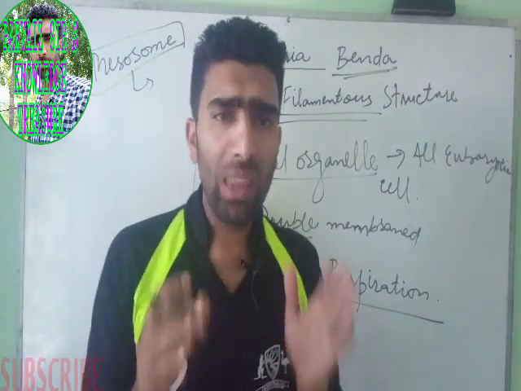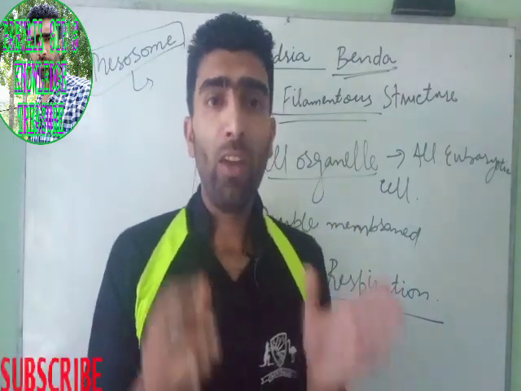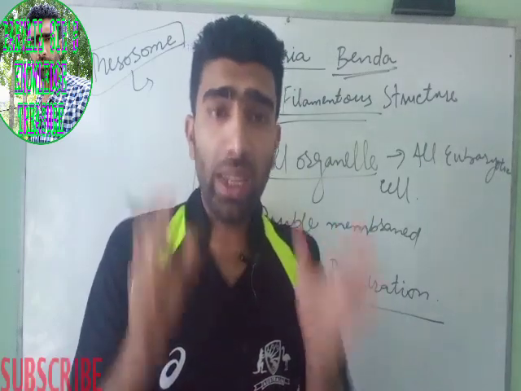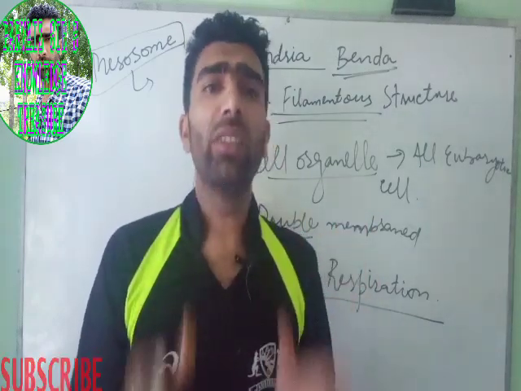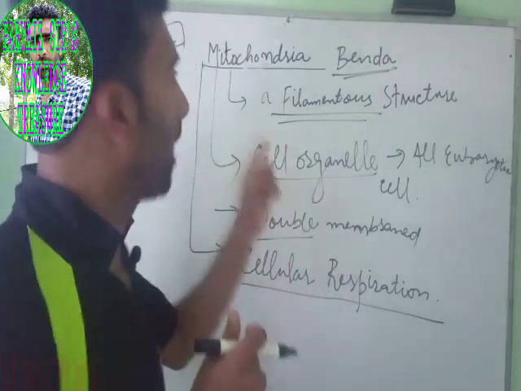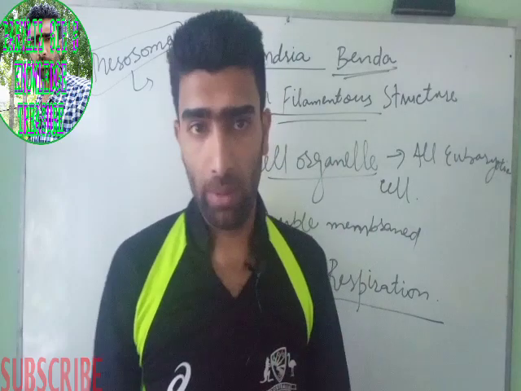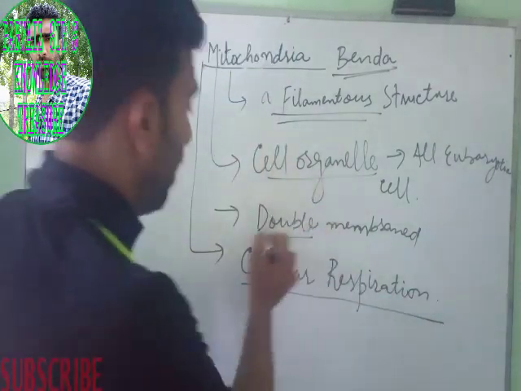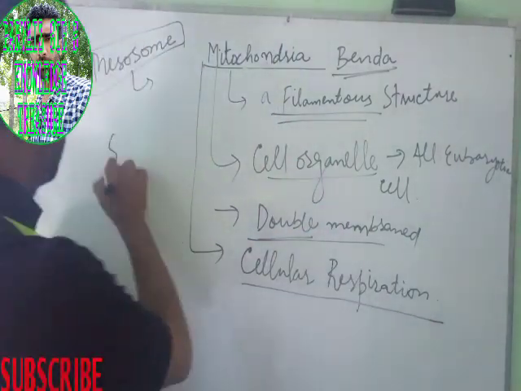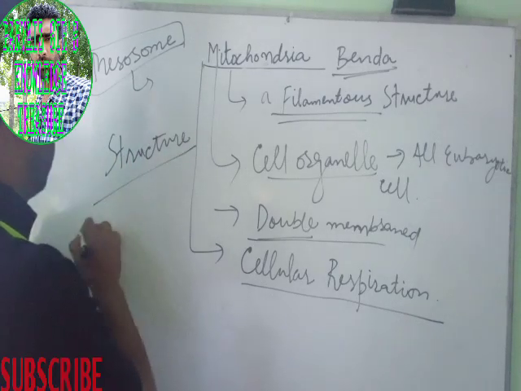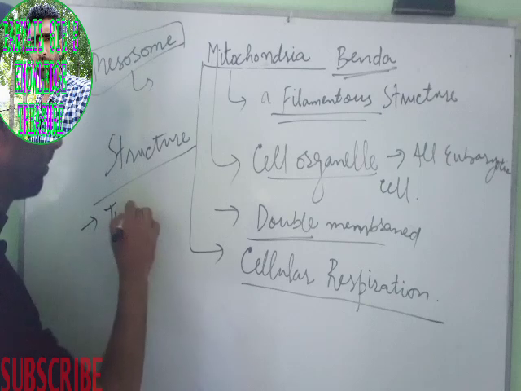In fact, all the cell organelles which have membranes inside the cell, their membrane structure is similar to that of plasma membrane, as described by the fluid mosaic model. Now, the structure of mitochondria. We know that it has two membranes.